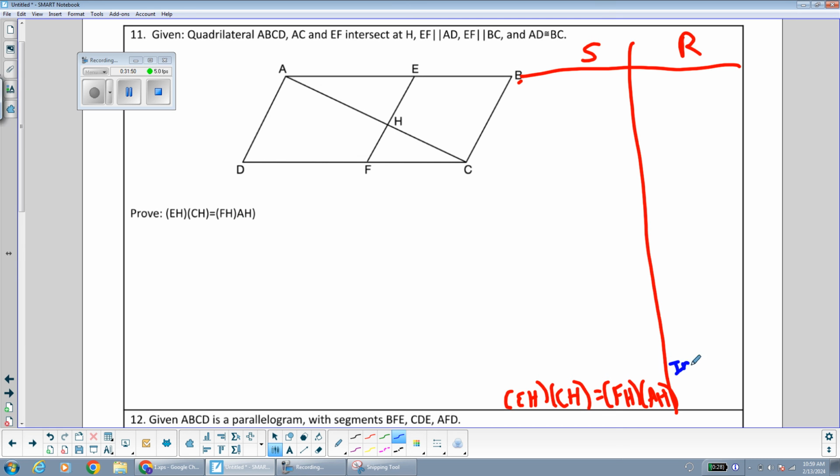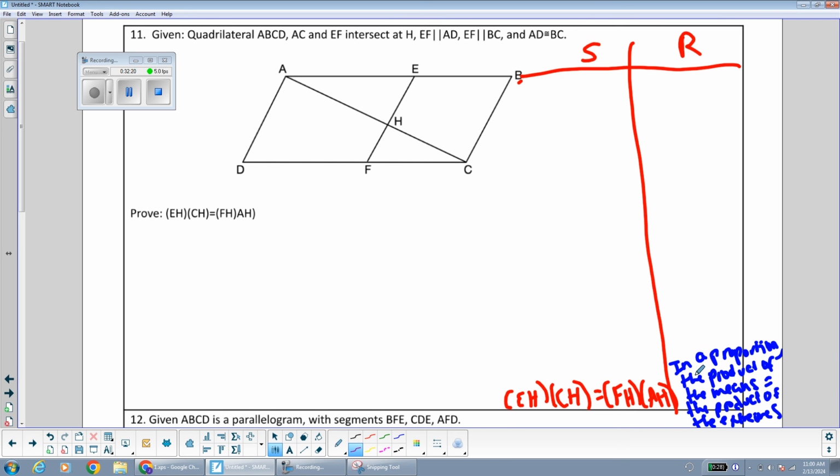And what it says is in a proportion, the product of the means equals the product of the extremes. It's just a fancy way of saying cross multiplication. Yes, you do have to use this reason. No, on the Regents exam, they will not give you credit for writing cross multiplication, so I will not either.